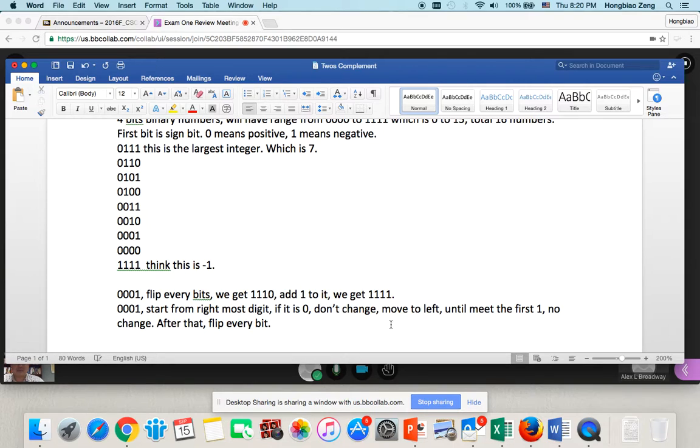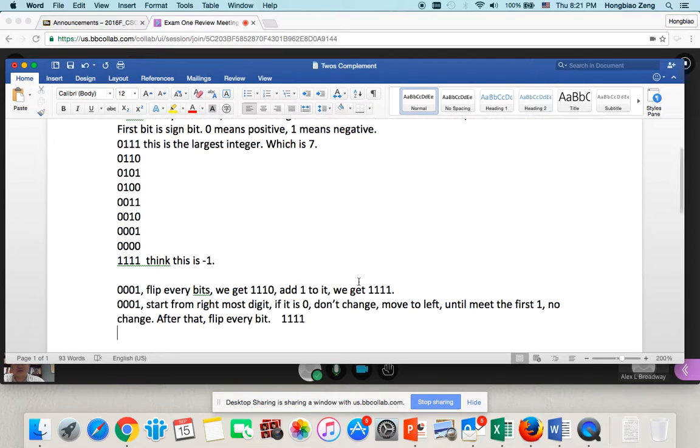What I mean is: I start from the rightmost, which is this one. It's not 0, it is my first 1, so I keep it and don't change it. Then I move to the left, and for every other bit after the first 1, I flip it over. So I get 1111. So this is negative 1. The two's complement of 1 is negative 1.